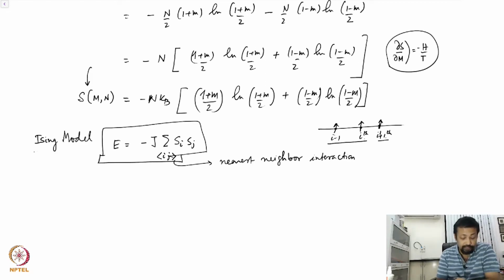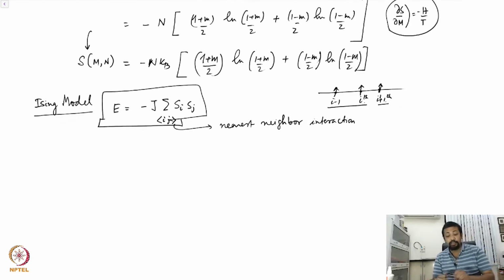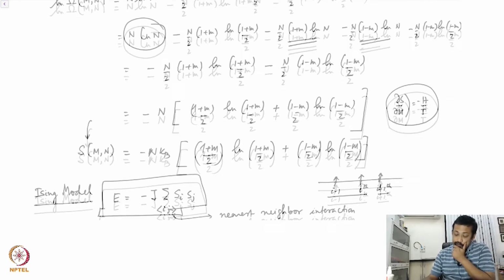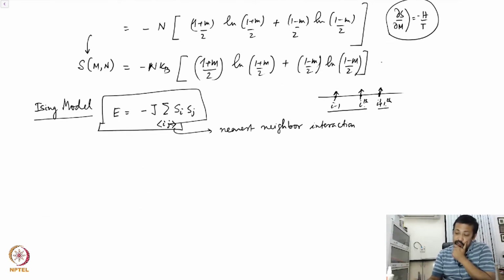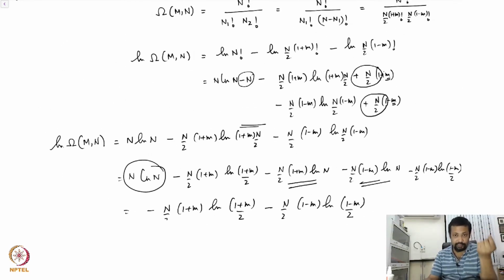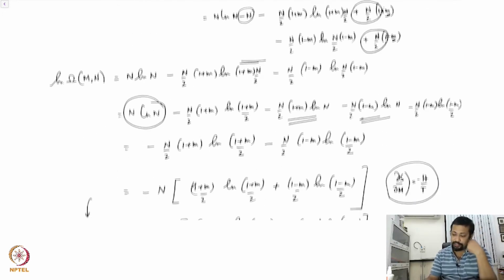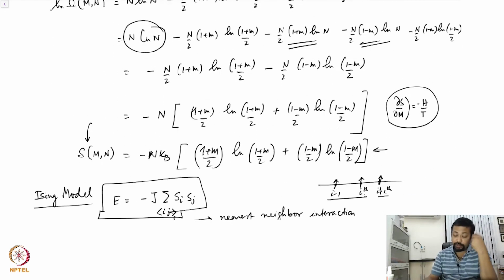We will not study it here, but we merely want to exploit it in what is called the mean field limit. There is one more thing that one has to look at, which is that this particular expression does not care about the dimension of the space, right? I have never said that these spins are sitting on a one-dimensional lattice. They can very well sit on a three-dimensional lattice. But this is pure entropy.